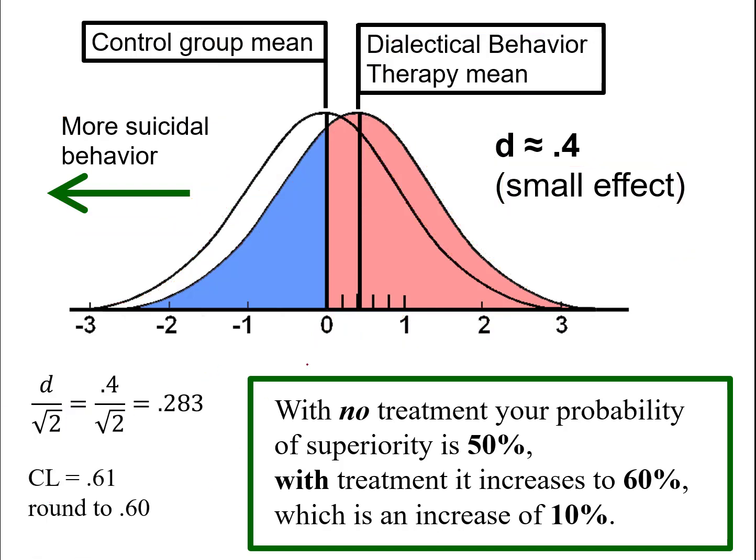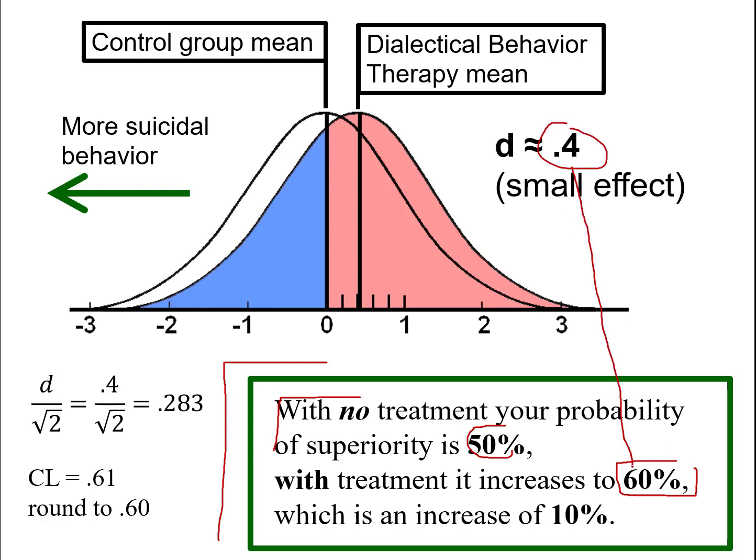And then down at the bottom, I have my blurb that we could give to someone to give the common language effect size information. So as always, with no treatment, your probability of superiority is 50%. And with treatment, it increases to 60% now. So for a d-statistic of 0.4, the probability of superiority is 60%.